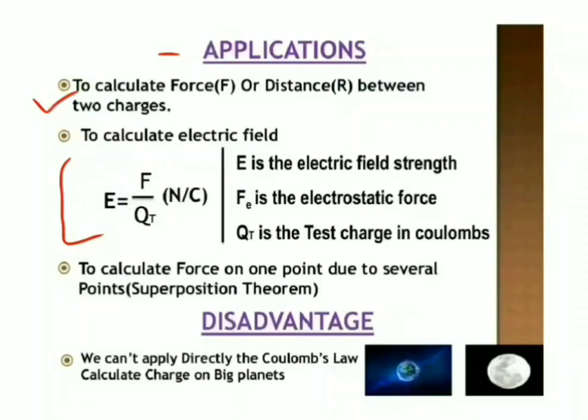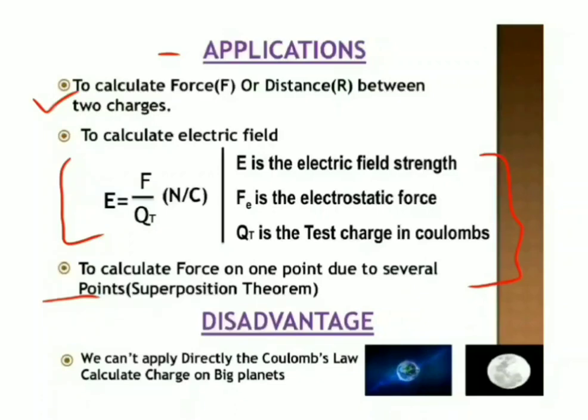Everything is written here: E is the electric field strength, Fe is the electrostatic force, and Qt is the test charge in coulombs. And the last application is to calculate the force on a point due to several charges. If you have more than two charges, you can calculate the net force by using the superposition theorem.